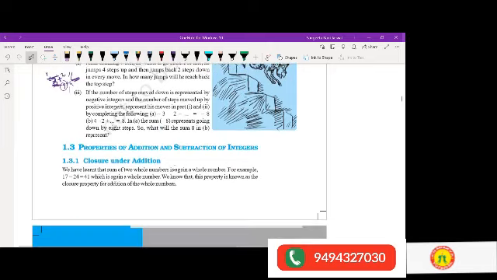Okay. I'm moving now to properties of addition and subtraction of integers. Now see, in properties, have you studied about properties in your junior class when you were studying natural numbers and whole numbers?